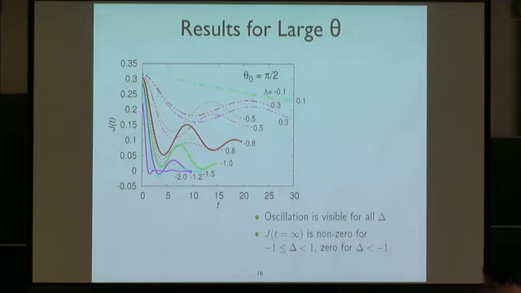Okay, so in that way, we can at least roughly know up to what time we can trust our result. This is a result for various values of delta: minus 0.1, 0.1, minus 0.3, 0.3, minus 0.5, 0.5, and so on.